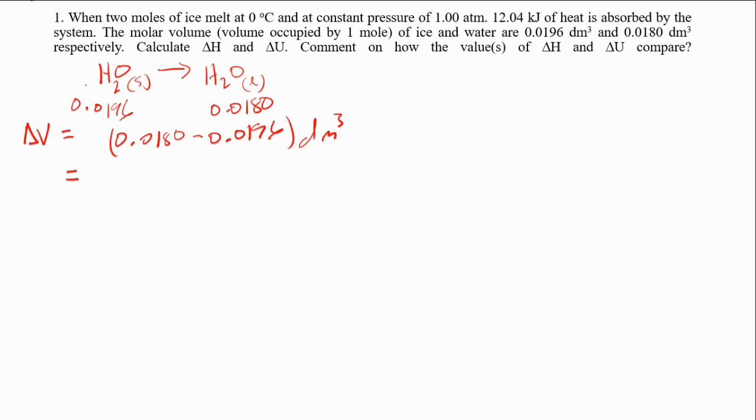Now, after doing that, let us see what this volume change is. 0.0180 minus 0.0196, and we have a value of minus 1.6 times 10 to the minus 3 dm cubed. Okay?